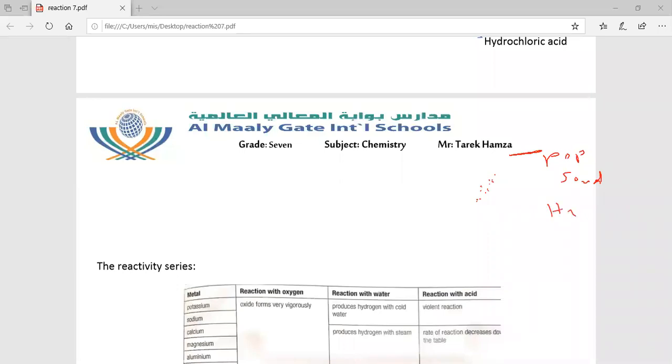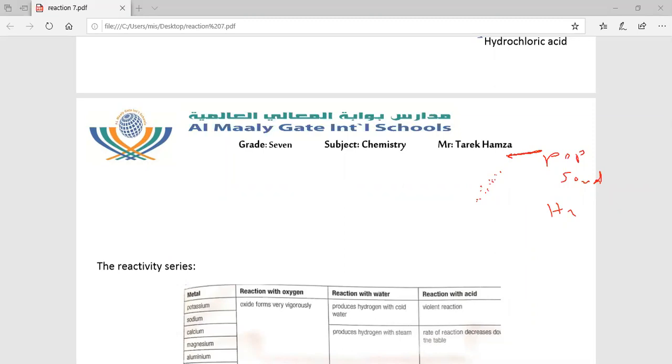Again, in the test tube, put a piece of aluminum metal, then pour an amount of dilute hydrochloric acid. Observation: gas bubbles are raised. To test this gas, approach a fire match. A pop sound is heard.